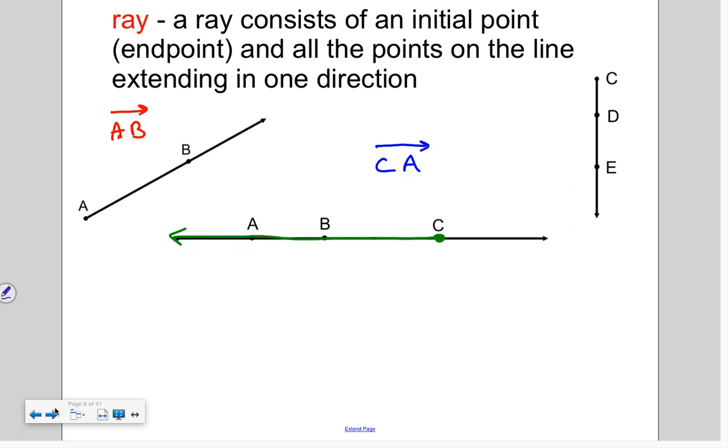We'll do one more over here. Ray EC. I'm going to write it out. Ray EC. Same thing, even though we don't have the arrow drawn over that, because E is the endpoint, it needs to be the first letter.